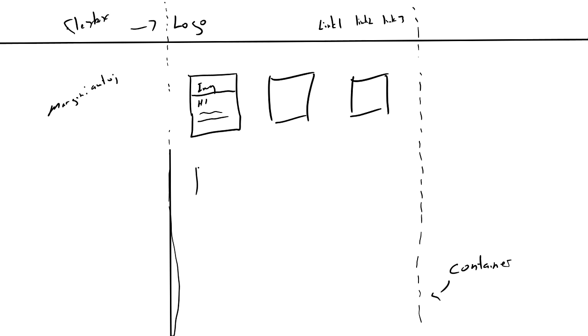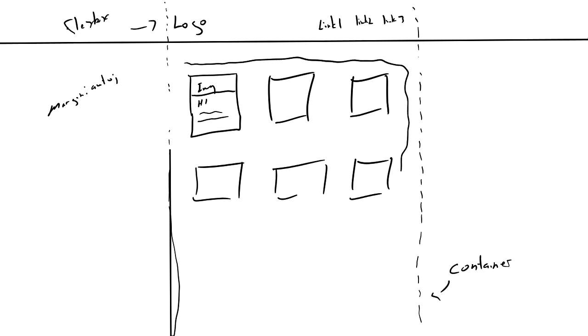We may do 2 rows worth of these things. And these are all going to be inside of a grid. Get the basic idea. It's a pretty standard site.